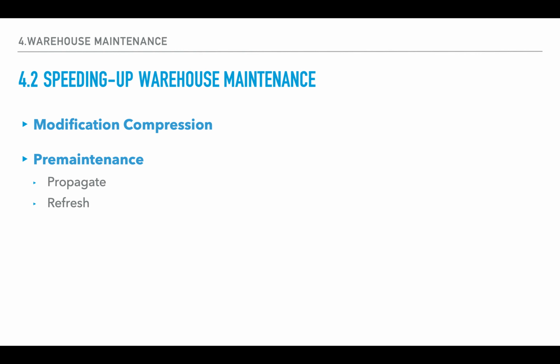The pre-maintenance technique is described to increase maintenance performance by dividing the update process into separate functions, propagate and refresh. The propagate function can be processed without locking the MVs, so querying will not be disturbed.